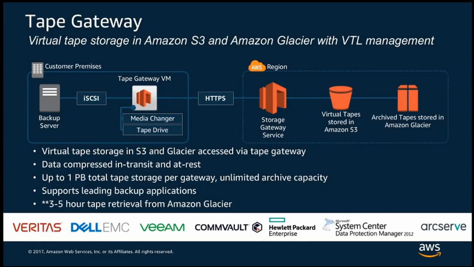So if the tape is still active in the library, that means that inside of the storage gateway service, that data is in S3. If you export a tape out of the library, and you would do this with your backup software, so the same workflow that you have today for writing to tapes and managing tapes, you're going to use that same workflow with the virtual tape library.